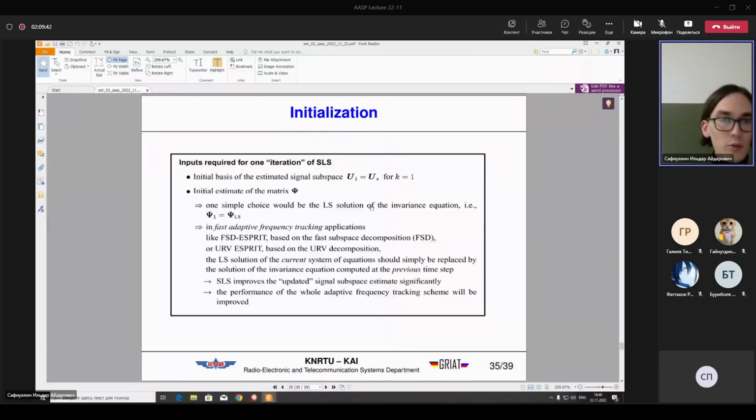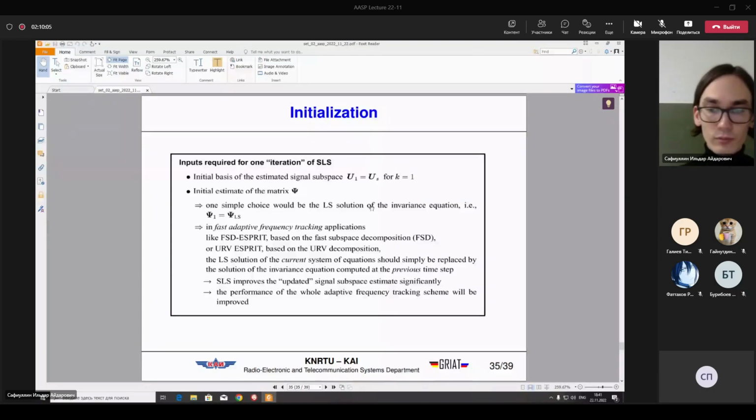And then we can calculate one iteration to improve our estimates, or we can calculate more than one iteration, and maybe we can get this converged algorithm.